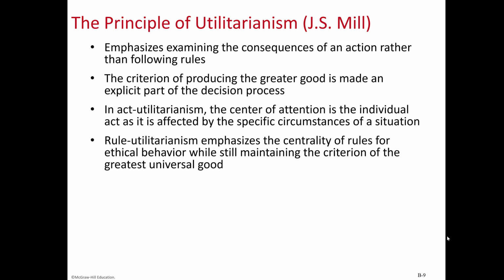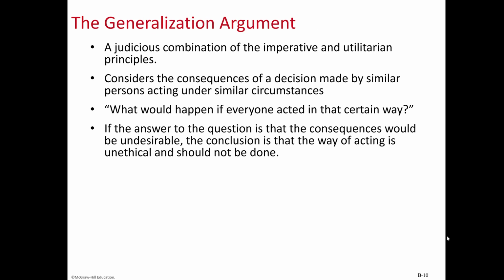So the rule utilitarian emphasizes now the rules, not the individual, but the rules for ethical behavior, which should still be maintained as the criterion for looking at the greater universal good. So make sure that you're aware of the act of utilitarianism and the rule of utilitarianism.